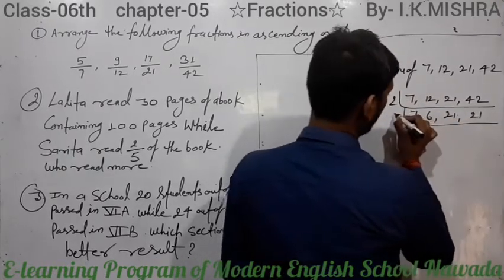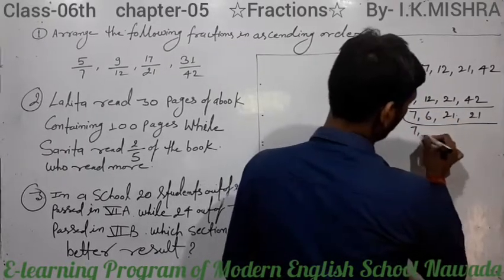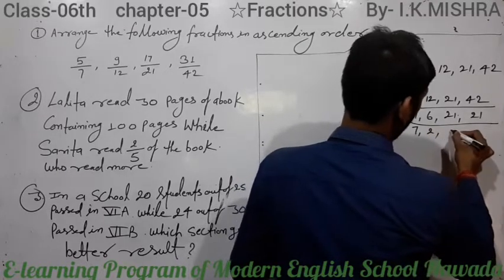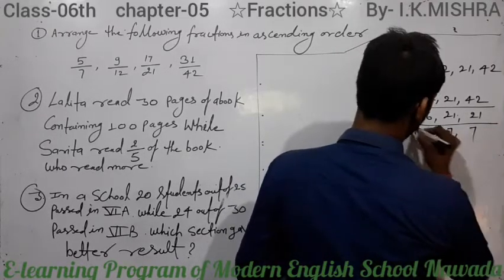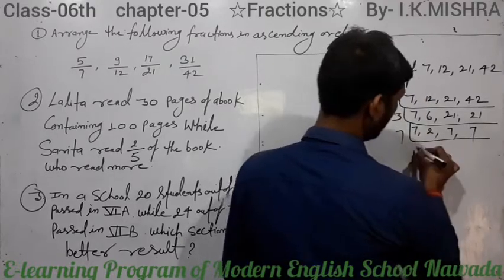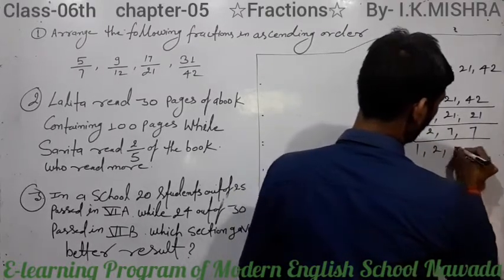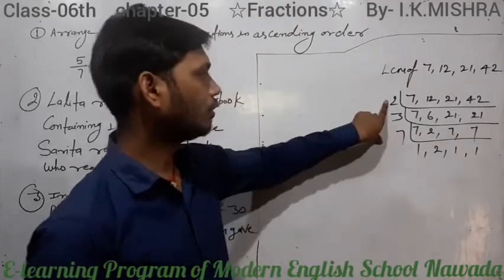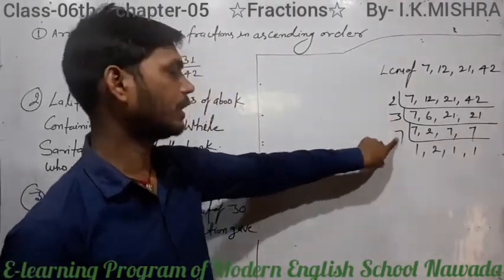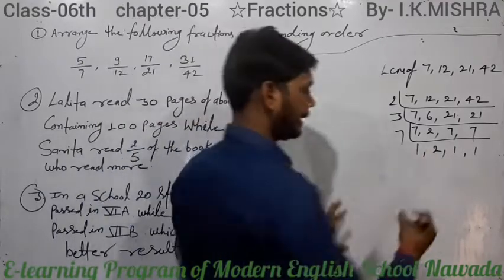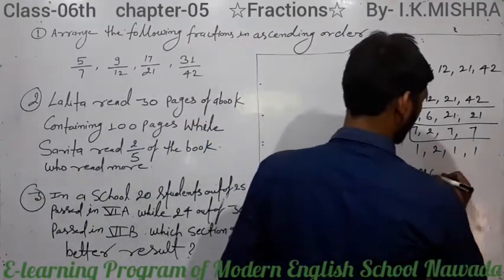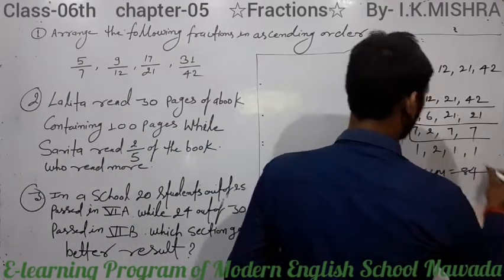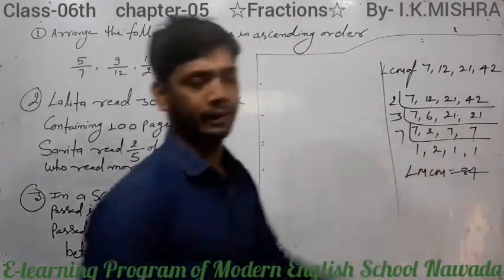After that divide by 3: 7, 2, 7, 7. After that divide by 7: 1, 2, 1, 1. When you multiply it, 2 times 3 is 6, so 42, and 2 times 42 is 84. LCM is equal to 84. Here students, LCM is fine.